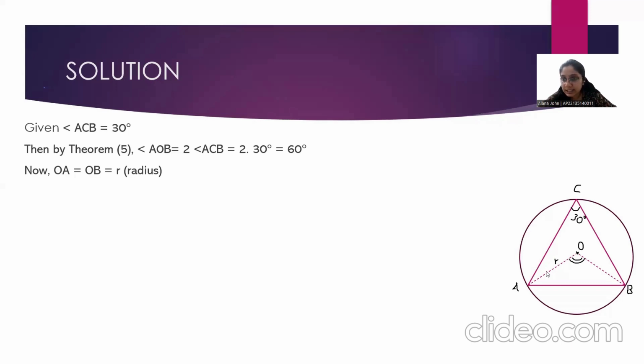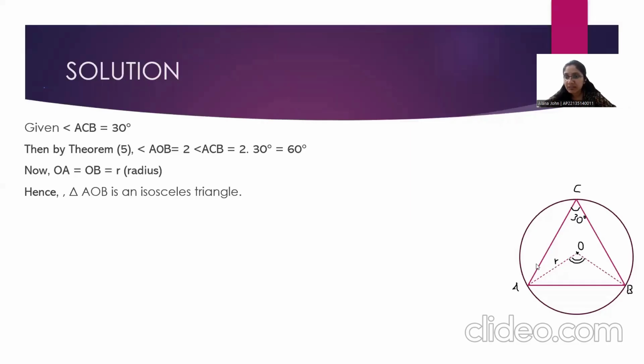Now, consider the triangle AOB. In this triangle, we have two equal sides. We have already shown OA and OB are equal. Then what type of triangle is this? Yes, clearly, triangle AOB is an isosceles triangle. Is that clear?